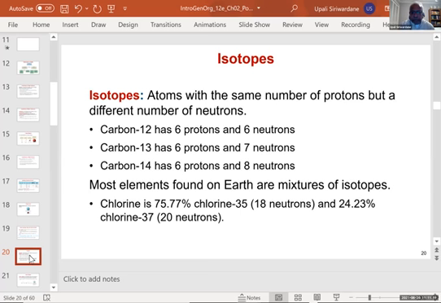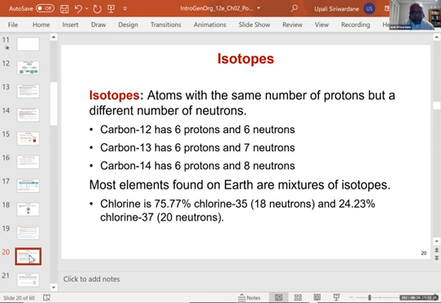Chlorine 35 has 18 neutrons, and the chlorine atomic number is 17. Chlorine 37 has 20 neutrons. So 37 minus 20 is 17.